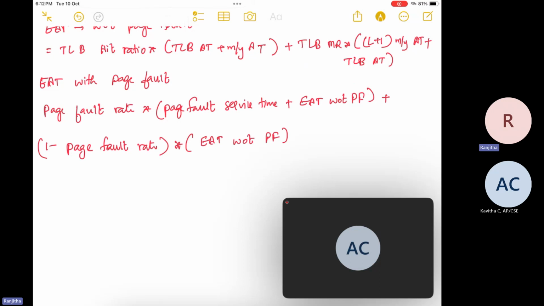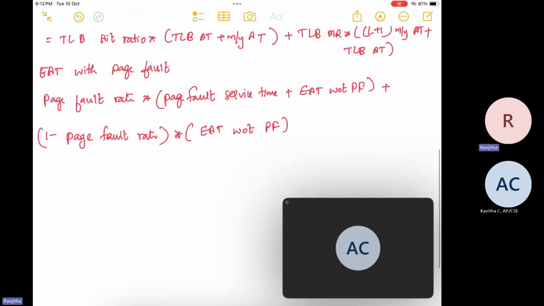So these are the basic formulas for how we compute the effective access time.